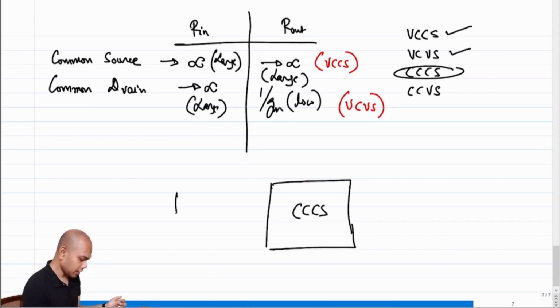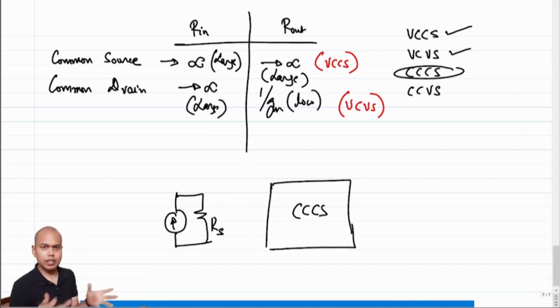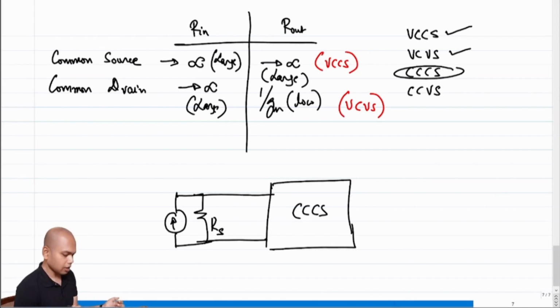the assumption is that if I have a current source, let's say I have a non-ideal current source. By non-ideal current source, I mean there is an internal resistance. So if I connect this current source to the CCCS block, all of this current I in should flow into the CCCS, right?